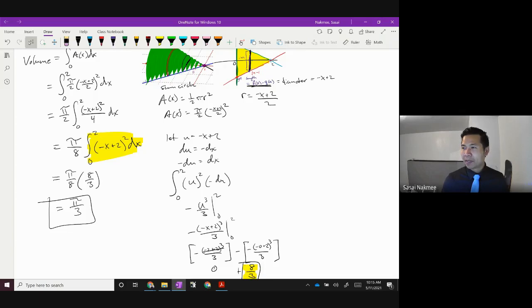So yeah, let me see here. Let's do another one. Same problem, but let's say the cross sections are something else besides a semicircle. Let's go with something a little bit more difficult. Actually, I'll show all these ones here.